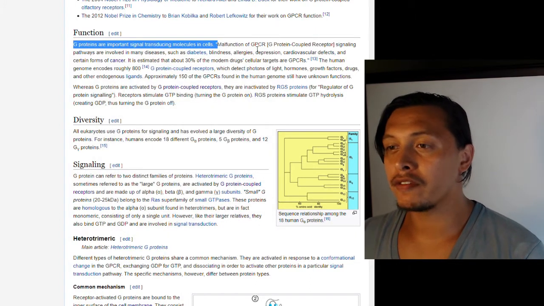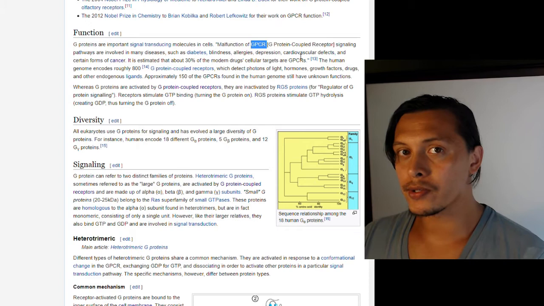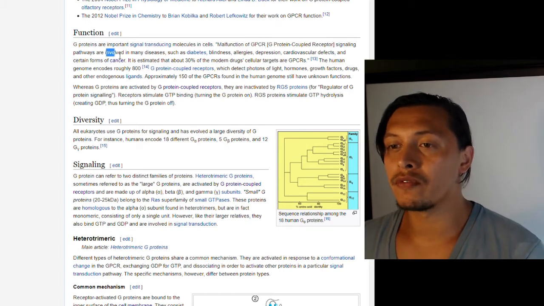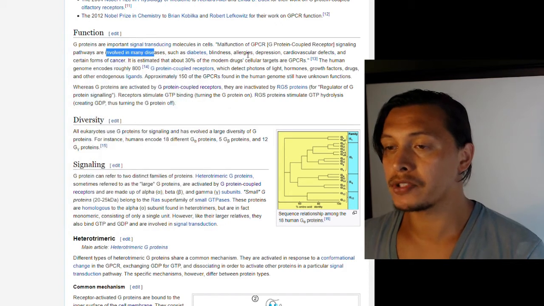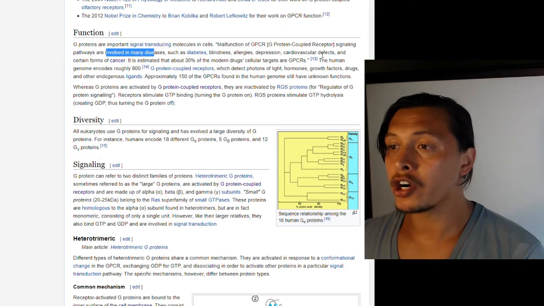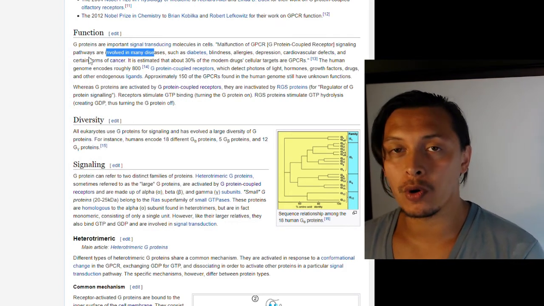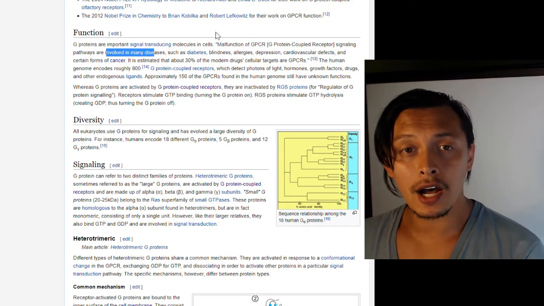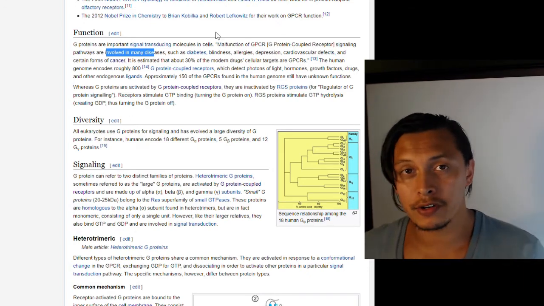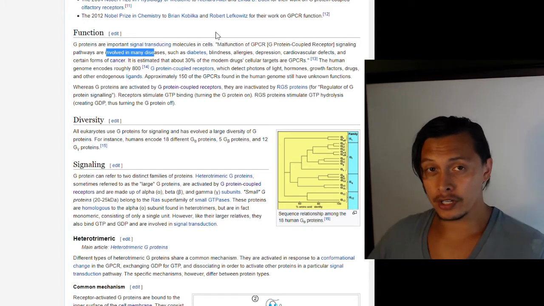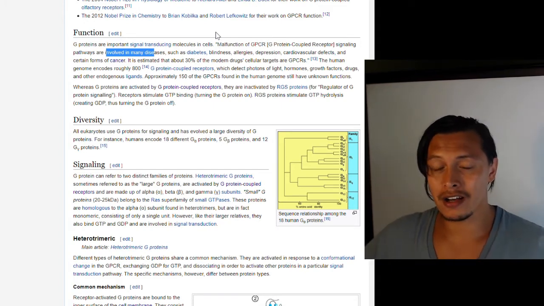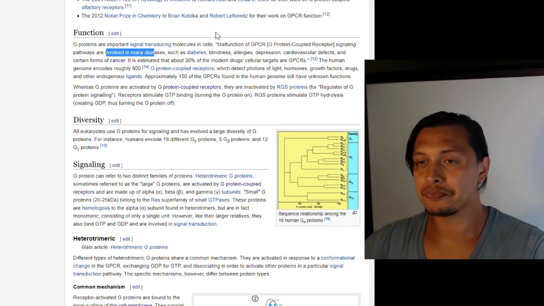Malfunction of the GPCR, which remember is the receptor, signaling pathways is involved in many diseases such as diabetes, blindness, allergies, depression, cardiovascular defects, and certain forms of cancer. So screw up one of the 800 different G protein coupled receptors, and you can end up with a serious pathology as a result.